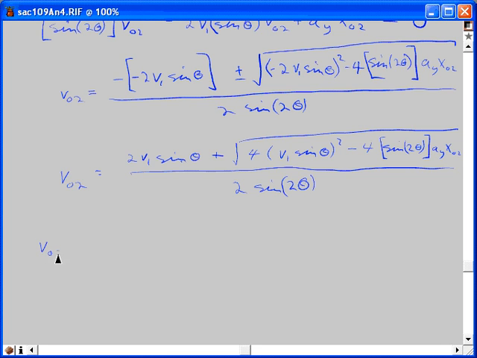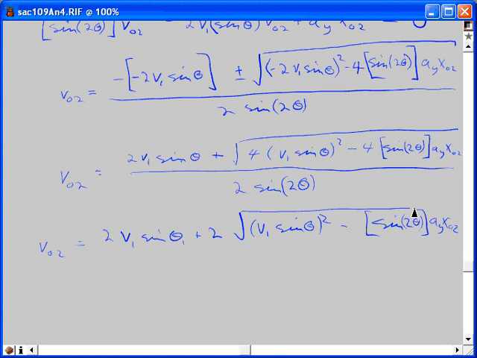So I can write VO2 is 2V1 sine of theta plus 2 times the square root of all this stuff. And that's all divided still by 2 times the sine of 2 theta.